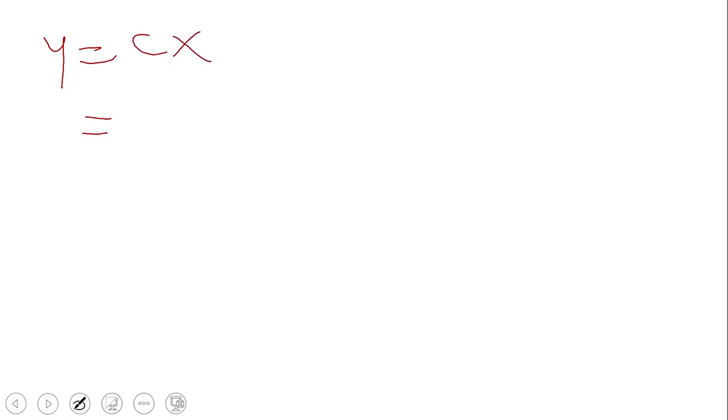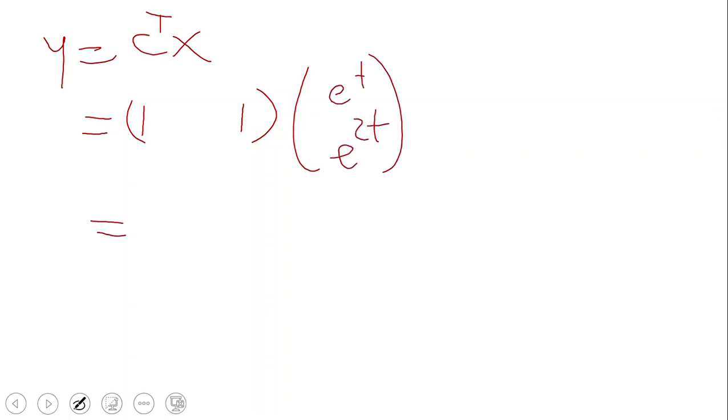C they have given in column matrix form, 1, 1. Now we have to write it in row vector form, so we can write it as C transpose x. Just now we found e power t, e power 2t. If you multiply this, we get e power t plus e power 2t.